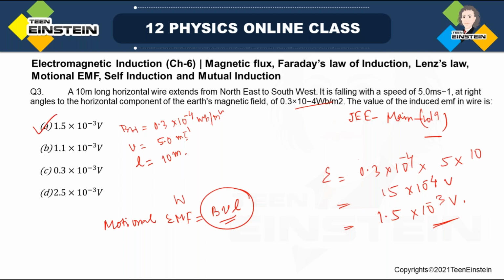Here the point is the Earth's horizontal magnetic field and the wire extending northeast to southwest. These are actually to confuse you somewhat, but what you need to know is BVL, or motional EMF. Since this is falling perpendicular to the magnetic field, that's why we have done this.